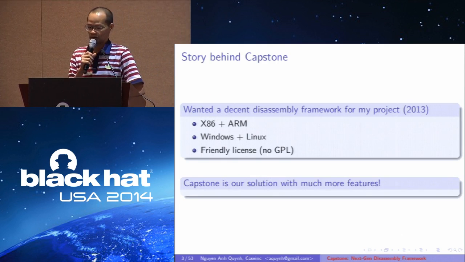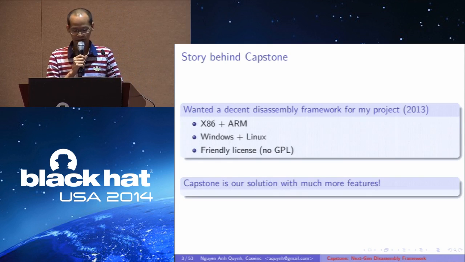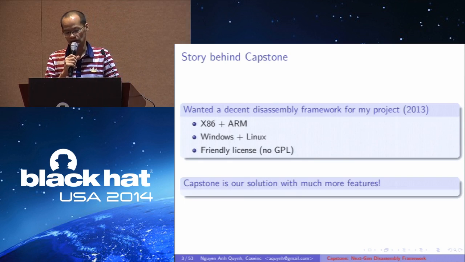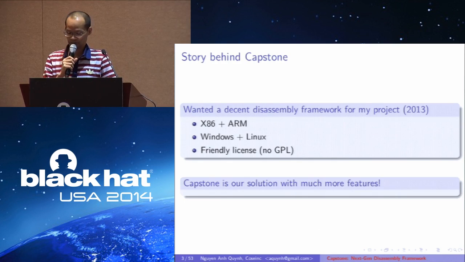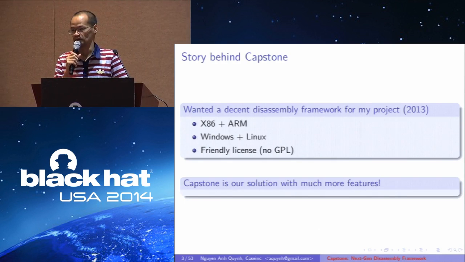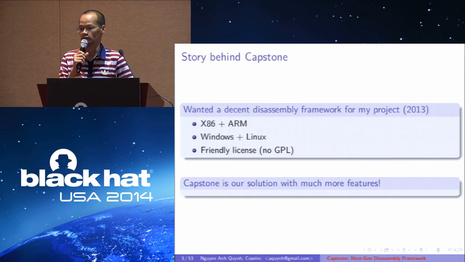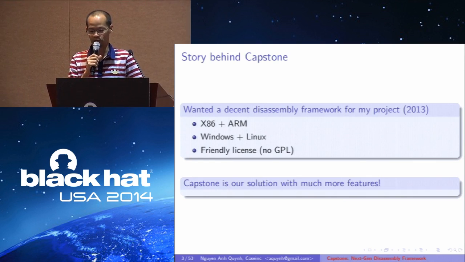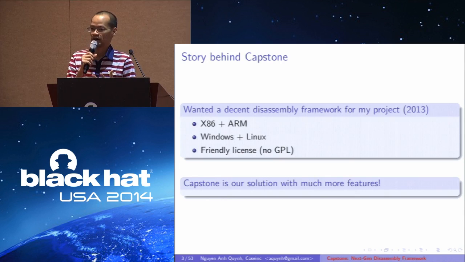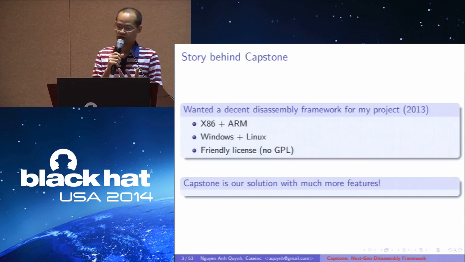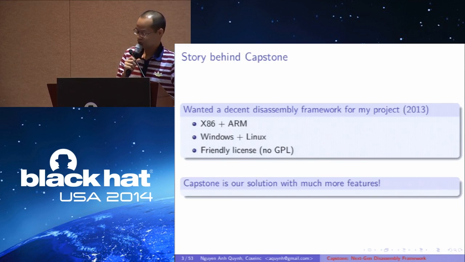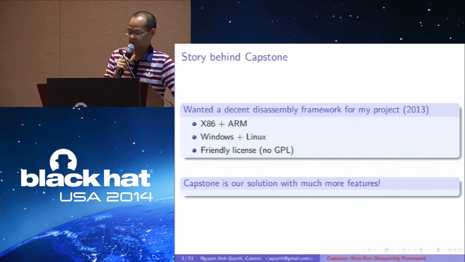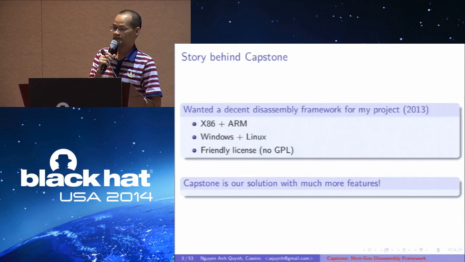Okay, a quick slide on the story behind Capstone. Last year I did some binary analysis projects, and one of them I presented at Black Hat last year, a tool for you to compile ROP gadgets to build the shellcode. At the time, it only worked for x86.